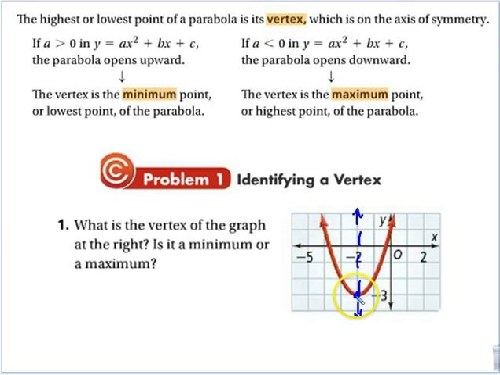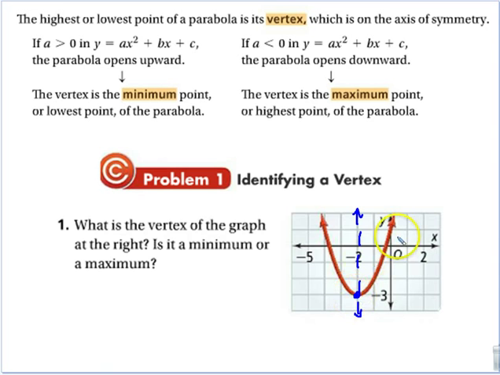The vertex is either a minimum or a maximum. If the parabola opens upward, it's a minimum, meaning it's the lowest point on the parabola. If it's a maximum, the parabola opens downward. It would look something like this, upside down.